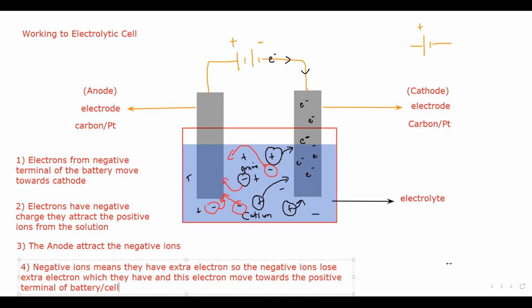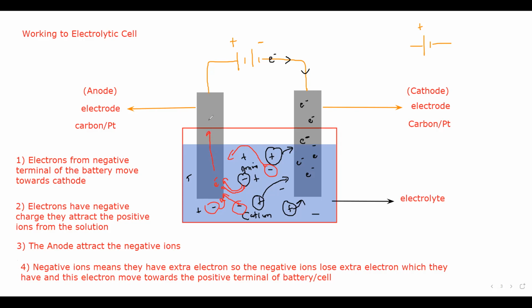Because the negative ions have an extra electron, they will lose it, and this electron is attracted towards the positive terminal. So that electron will return back to the battery. So electrons are coming out from the negative terminal. They attract the positive ions towards themselves, and the negative ions are attracted towards the anode. They lose their electron, and that electron will travel and return to the battery. This is how an electrolytic cell works.